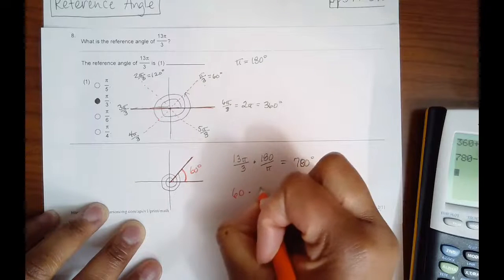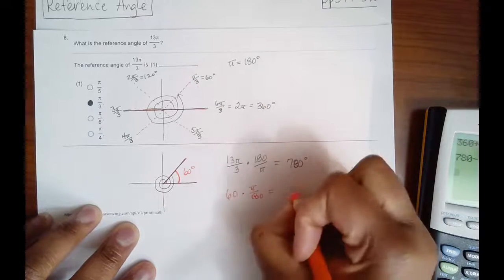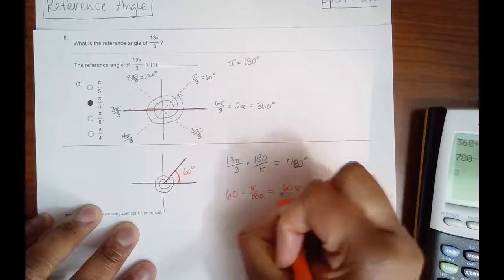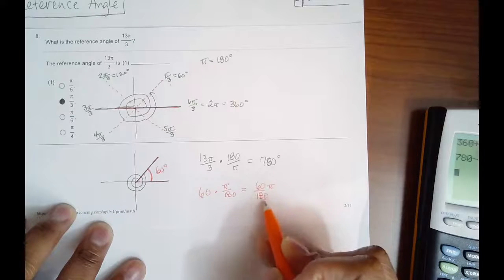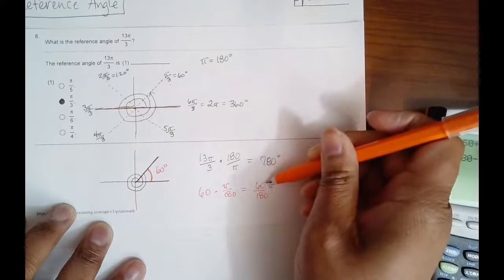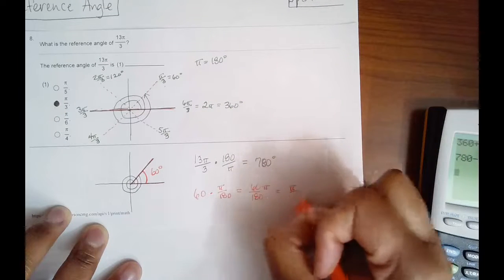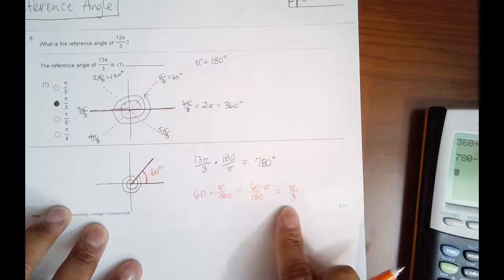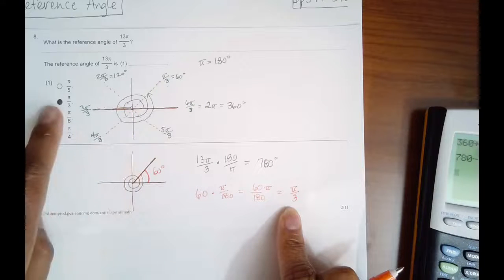So 60 times pi over 180 is technically 60 pi over 180, but because 60 can go into both the numerator and the denominator, we can simplify this back to pi over 3. So either way, this is how it's done.